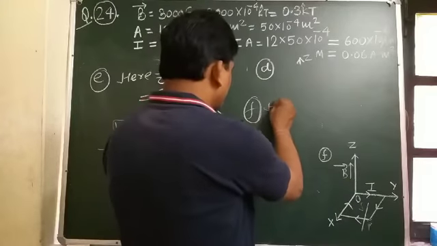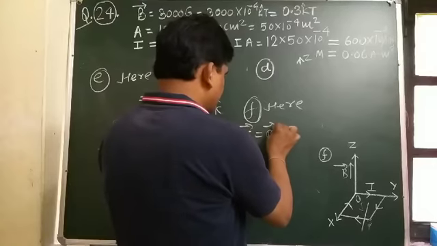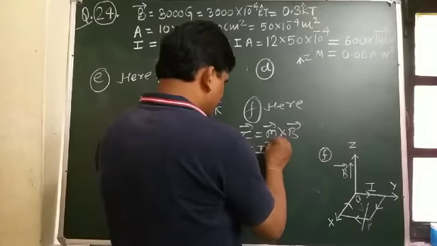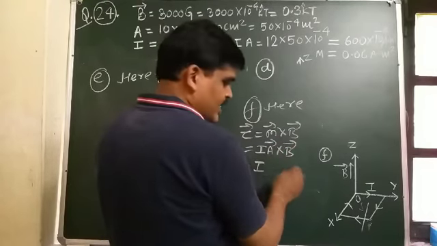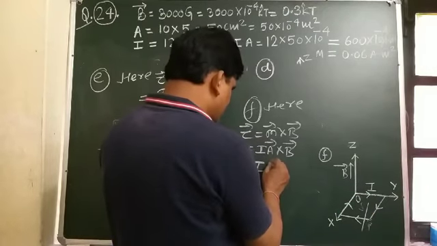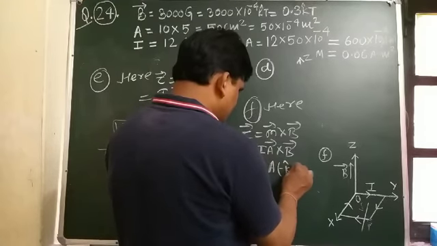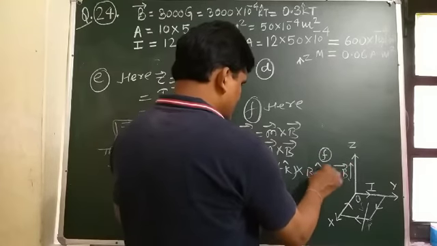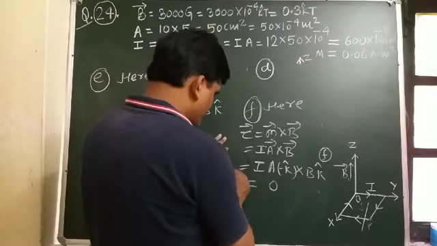So tau can be written as M cross B, and M is IA cross B, and area vector is towards negative Z axis. So we can write A minus K, and magnetic field K. And K cross K is also 0.